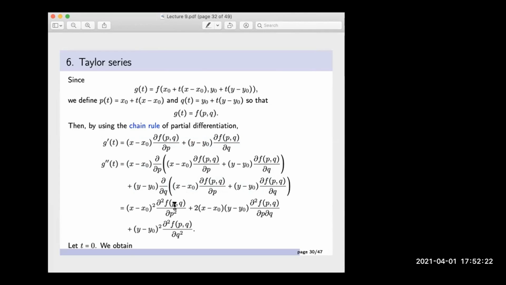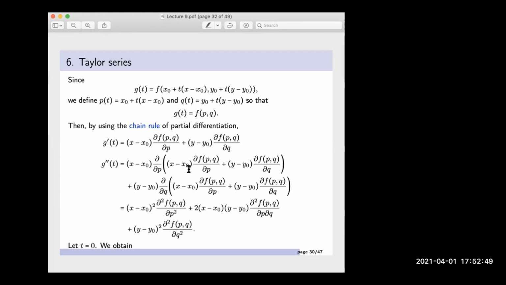This would give you the second order partial derivative in t, and the square of x minus x0. So this is the term. And you have a cross product term, x times y. And if you put this partial derivative on this term, it's a mixed second order partial derivative.